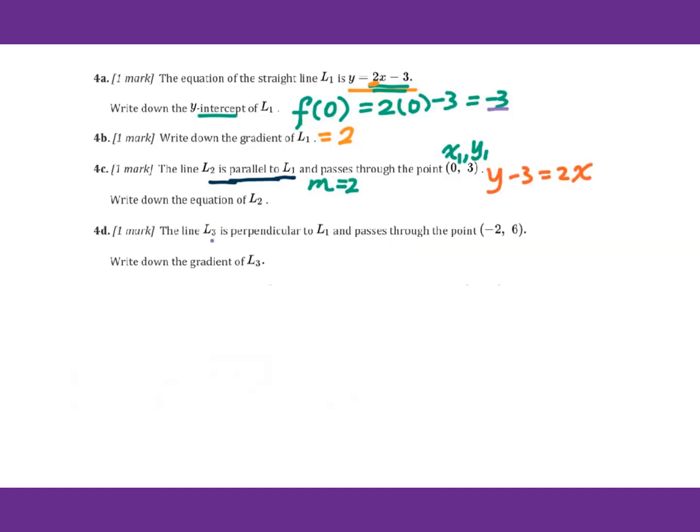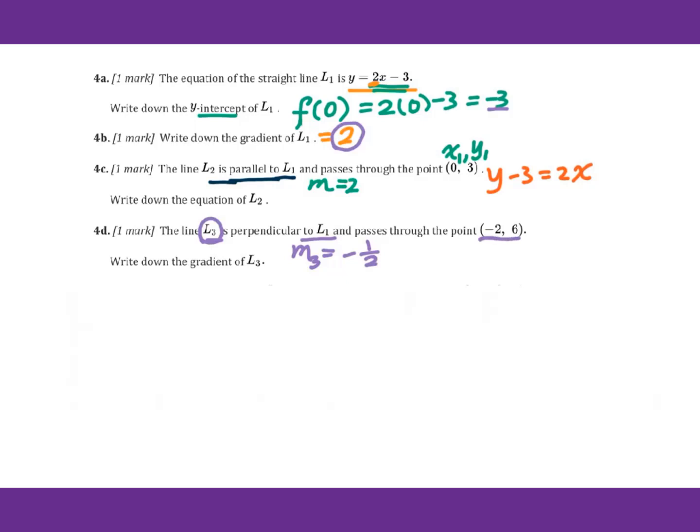3D. The line L3 is perpendicular to L1. You have to do the opposite and reciprocal. So this time, for the slope, we use m3 to stand for the slope of L3. That is negative 1 over 2, and it passes through the point (negative 2, 6).